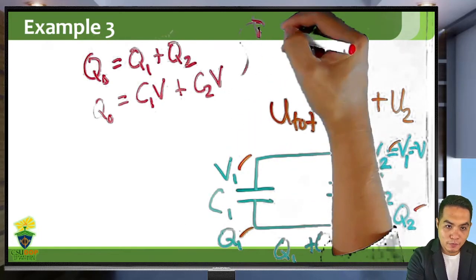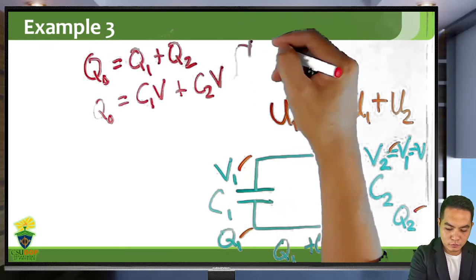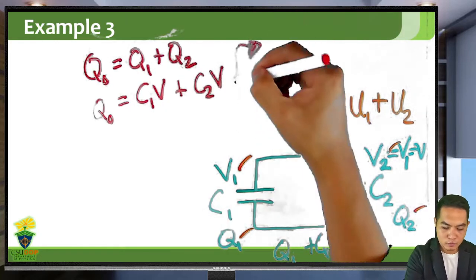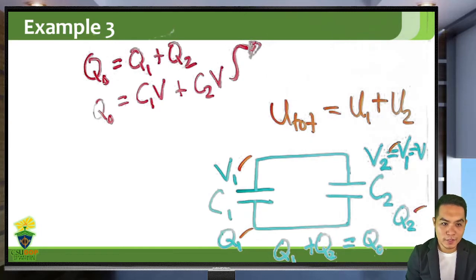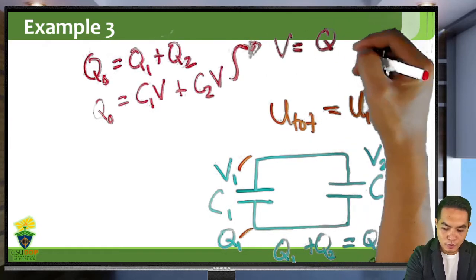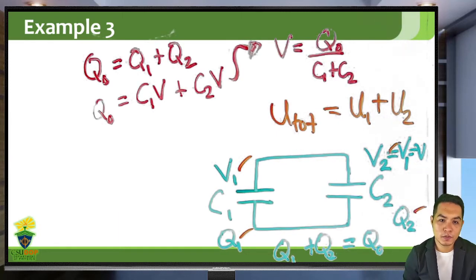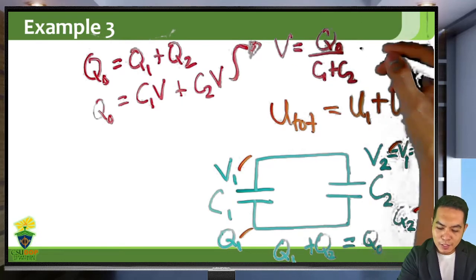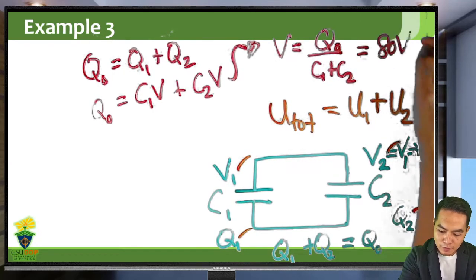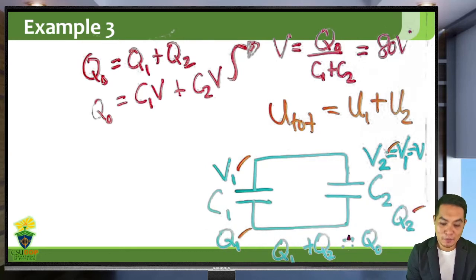So solving for V from this equation, we have V is equal to Q0 over C1 plus C2. So substituting all the values, you get V is equal to 80 volts. Therefore, V1 is 80 volts, V2 is 80 volts.